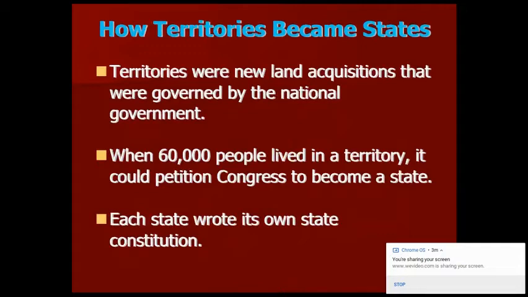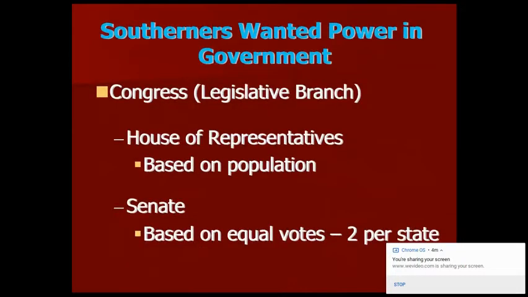So California takes very little time with the gold rush and all of the people heading out west for that to become a state. Wisconsin, we become a territory in 1836, and then we become a state in 1848. So Congress has to approve, and each state has to write its own constitution. And if Congress gives a go-ahead, then that territory can become a state.